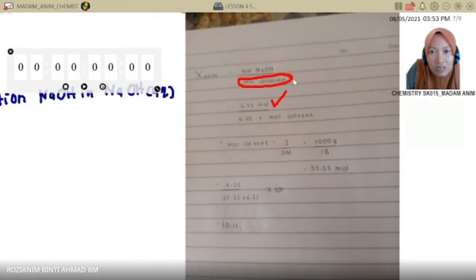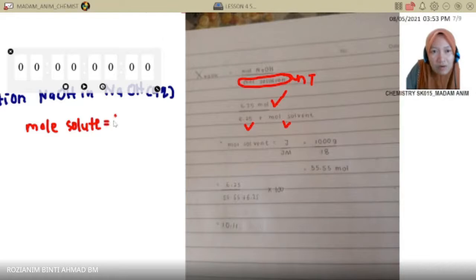So what is it? Mole of target and mole of solvent. Mole of solute was already calculated before, which is 6.25 mole.